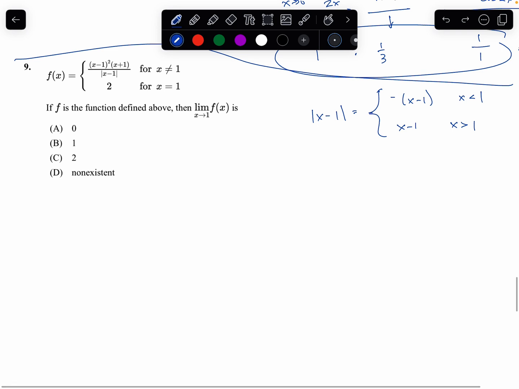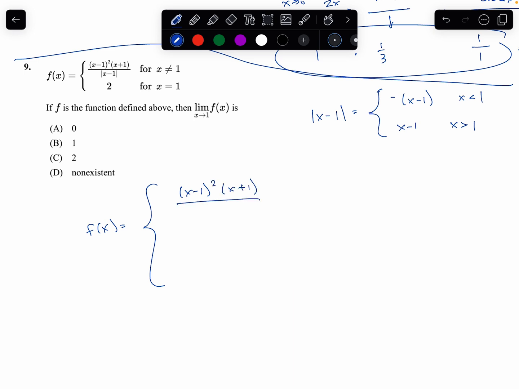Okay, so I'm going to say that f of x is equal to, so to the left of 1, x minus 1 squared times x plus 1 over negative x minus 1. So notice here that I'm not writing the absolute value because I'm going to write this in two parts.